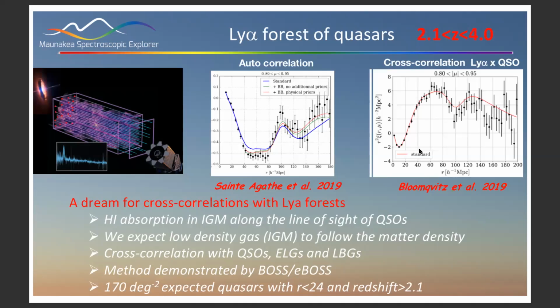What's interesting in this method is that we can use the autocorrelation of the Lyman alpha forest, but we can also use all the cross-correlations between the absorption in the Lyman alpha forest and quasars, as here, or with ELGs or Lyman-break galaxies.